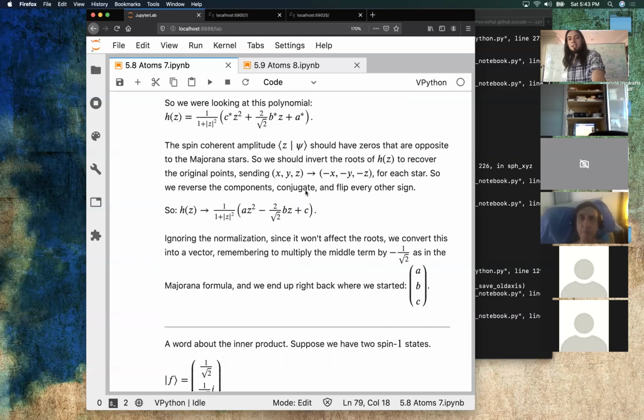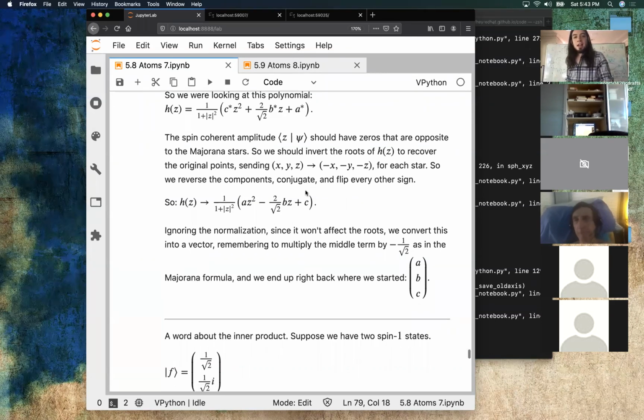And then we get h of z is just this little normalization factor times az squared minus 2 over 2 square root of 2bz plus c. Now this normalization doesn't affect the roots in any way. So then we can take this polynomial and convert it into a spin vector. And we just use the Majorana polynomial in reverse.